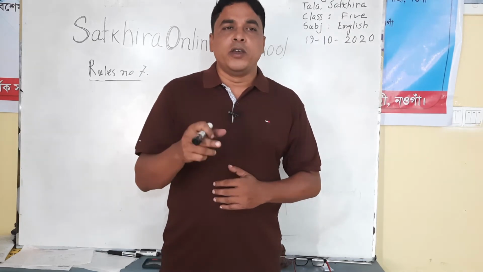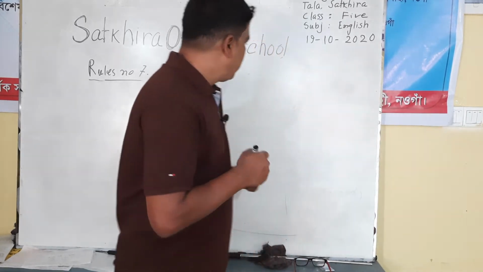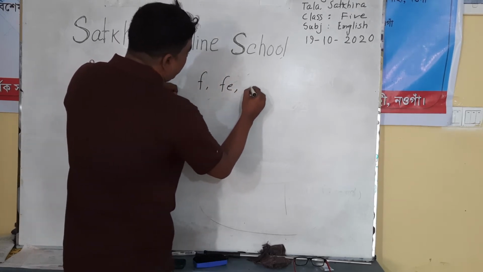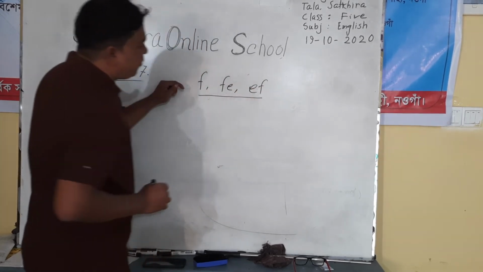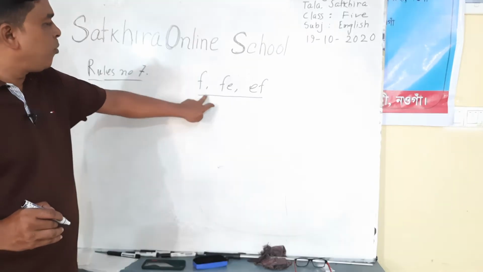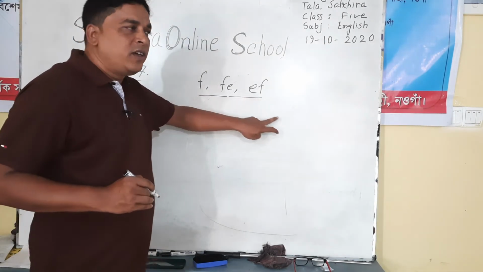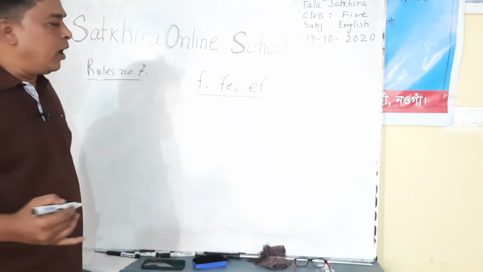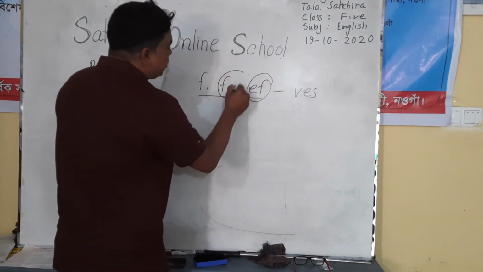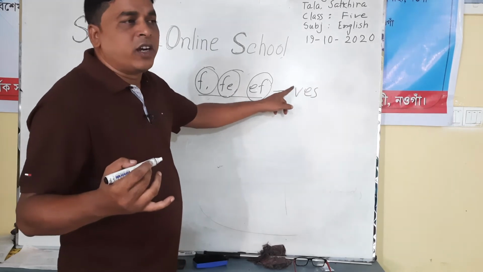That is, we use VES in place of that letter. If a singular word ends in F, FE, or EF, then we make it plural by adding VES in place of those letters. Actually, if I give an example, it will be more clear.